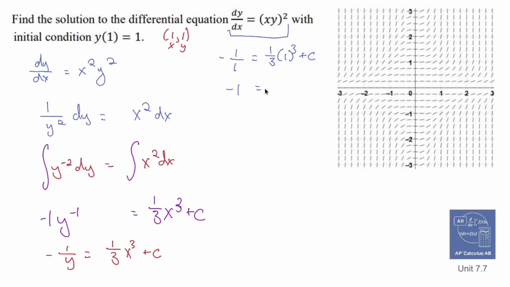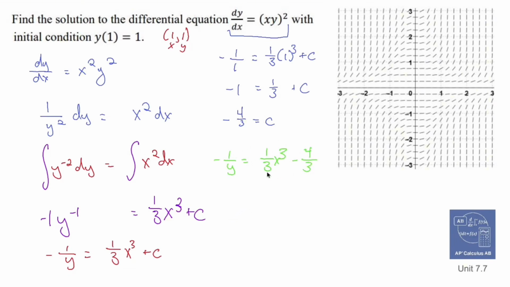Negative 1 equals 1/3 times 1 plus c. Subtracting 1/3 from both sides gets me negative 4/3 equals c. So putting this all together, I have negative 1 over y equals 1/3 x cubed minus 4 over 3.